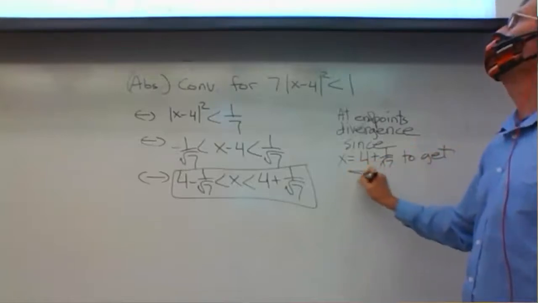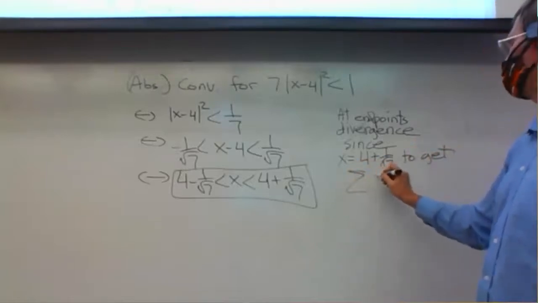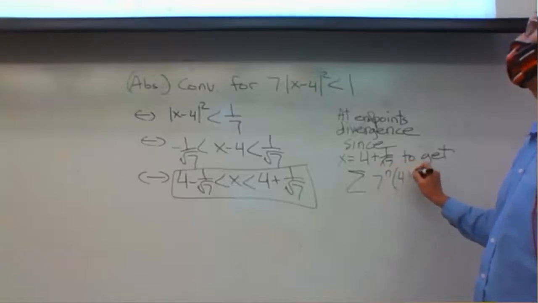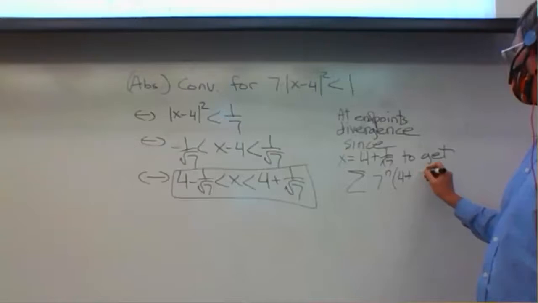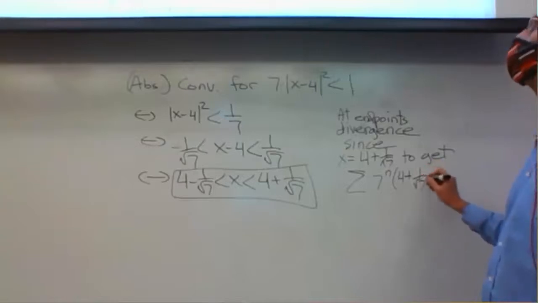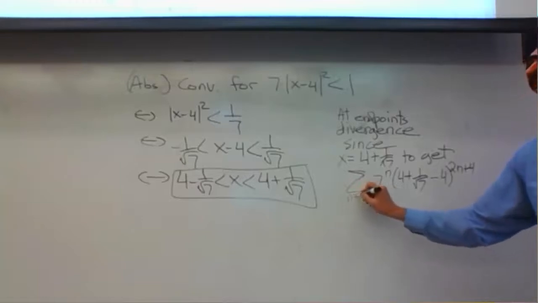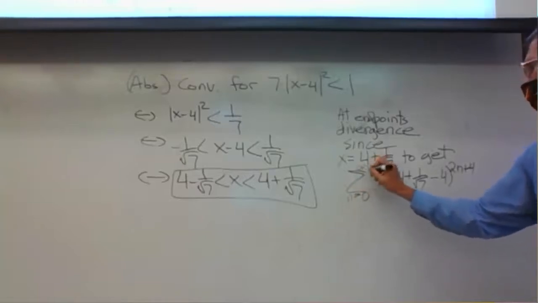You get the sum of 7 to the n times (4 plus 1 over square root 7 minus 4) to the 2n plus 4, with n equals 0 to infinity.